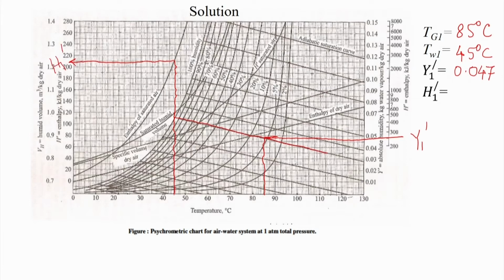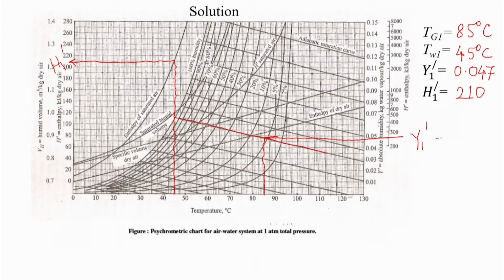H1 prime is 210 kilojoule per kg dry air. So now we have got the relative humidity of this air entering from the bottom of the tower, and H1 prime, the enthalpy of this moist air, at 210 kilojoule per kg dry air.